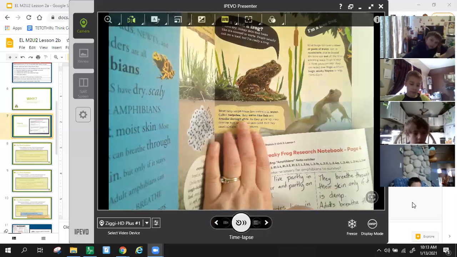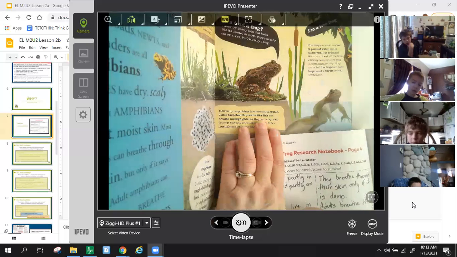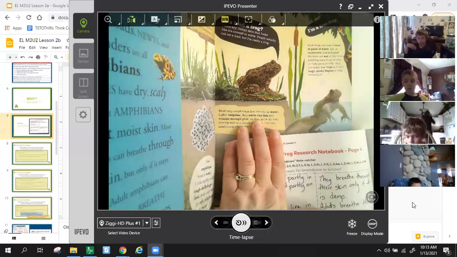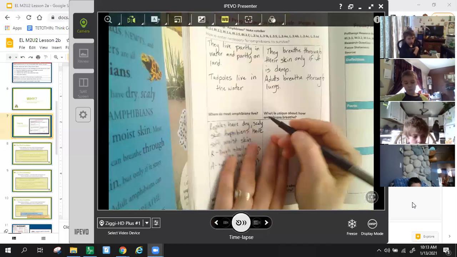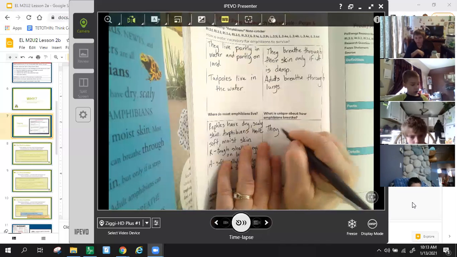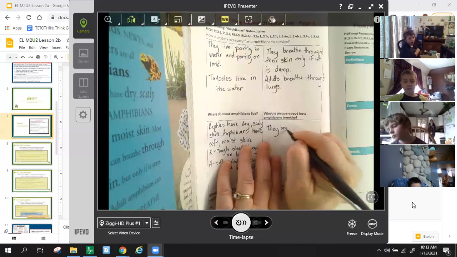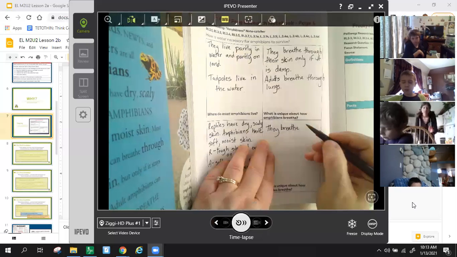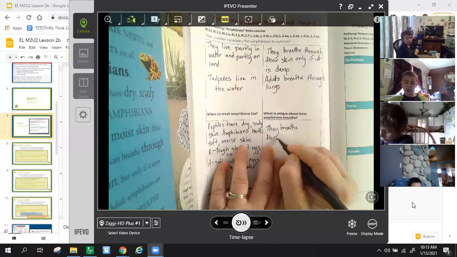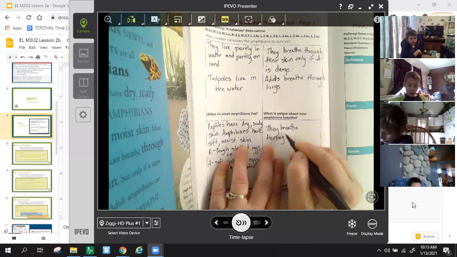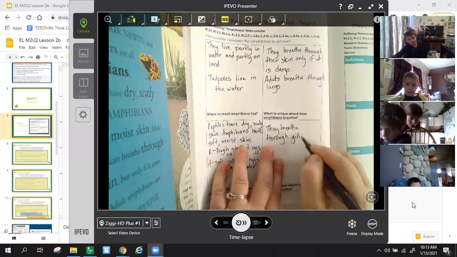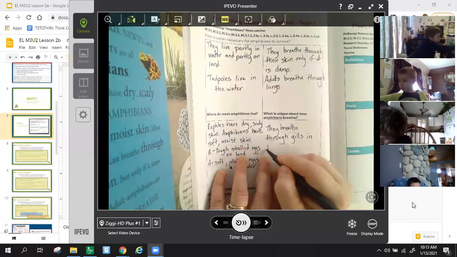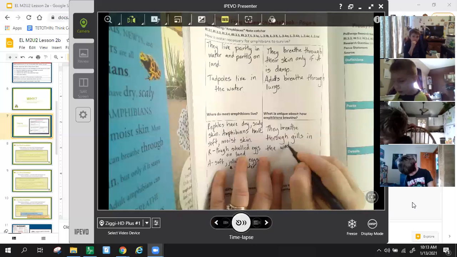Very good. We just read that in our section, didn't we? They breathe through gills because they live in the water.